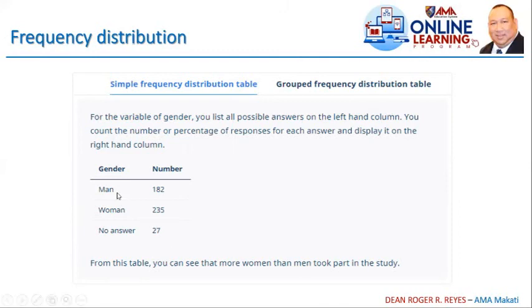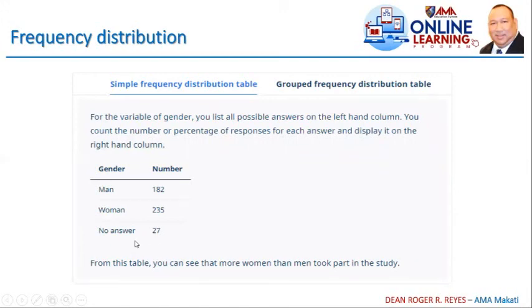The respondents are either man or woman. And perhaps they don't want to answer their gender. So these are the possible responses on the left side. And these are the frequency or the number of responses on the right side. You can use number or percentage. So for man, we have 182. Women, 235. No answer, 27.